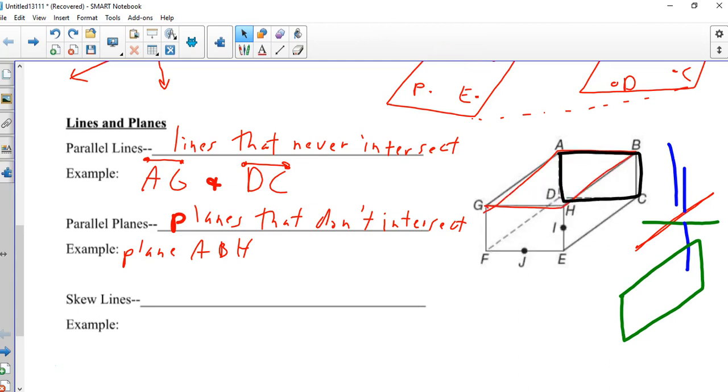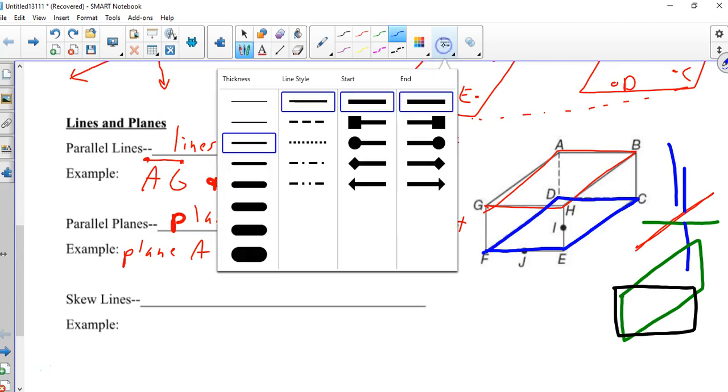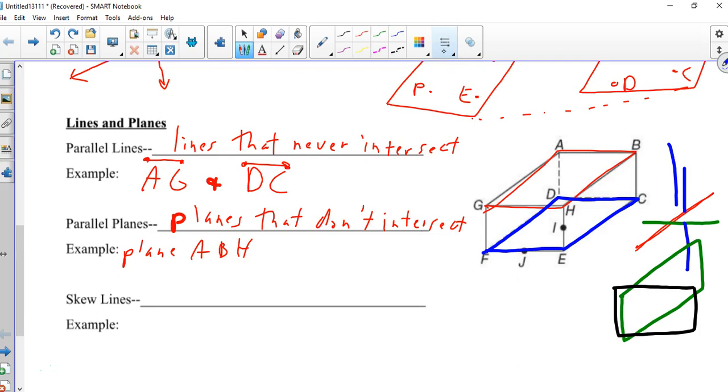The right side of the box intersects at AB. So that doesn't work either. So what is the only part of the box that is not going to touch the top anywhere? That's the bottom of the box. So that's plane, just pick 3 letters, FDC. And they will not touch.